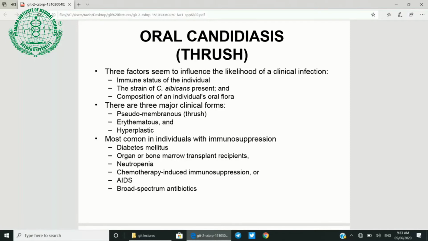Whenever you see a patient of oral candidiasis, one must ask the history of taking immunosuppressive drugs, diseases like diabetes mellitus, whether a transplant has been done, neutropenia, whether the patient is taking some sort of chemotherapy, a history of HIV infection, and consumption of broad spectrum antibiotics.